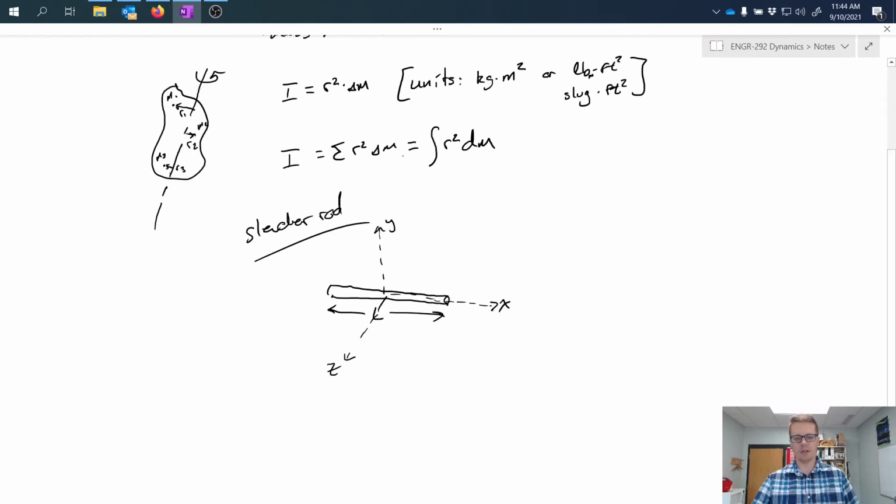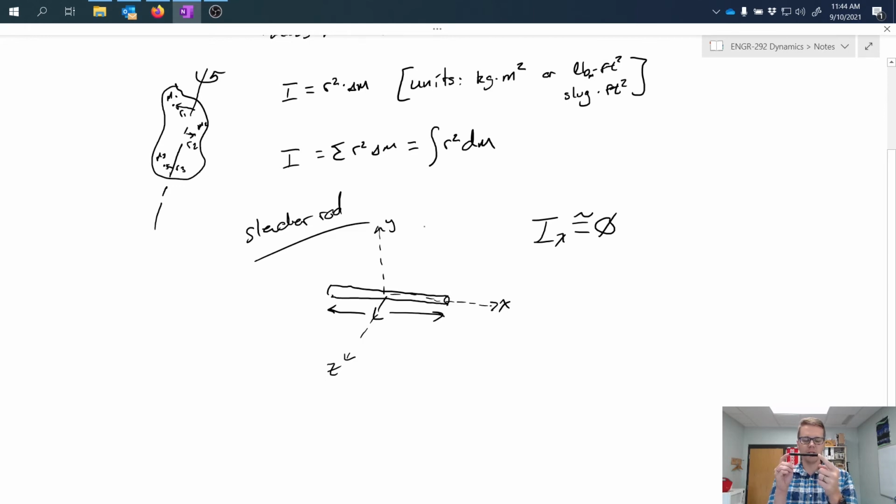So for this long slender rod, rotation around the x is going to be approximately equal to 0 because we've said that it's relatively thin, and under that assumption it doesn't really have much resistance to rotation in that direction. If we look at rotation about the y and z axes, so that would be like this and then like this, using my pen here as a tool, we can see that those are symmetric, right?